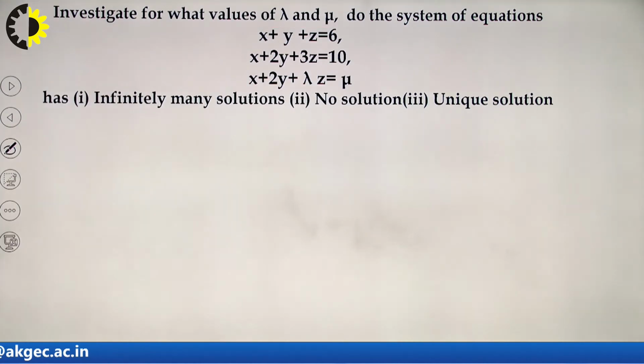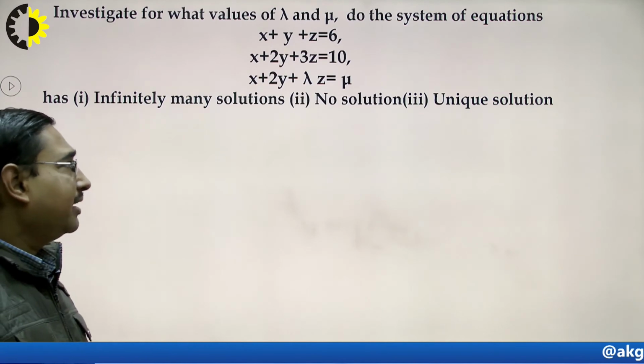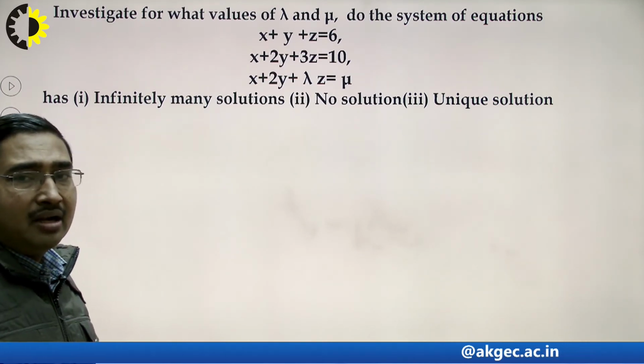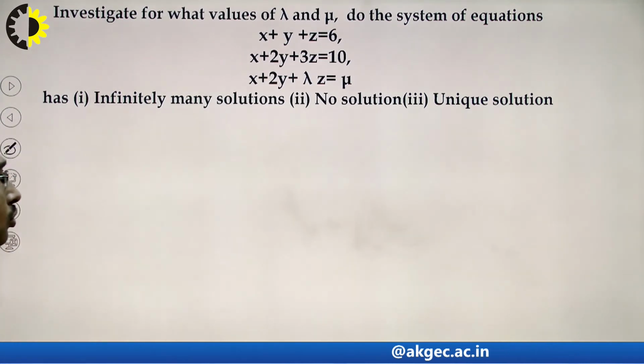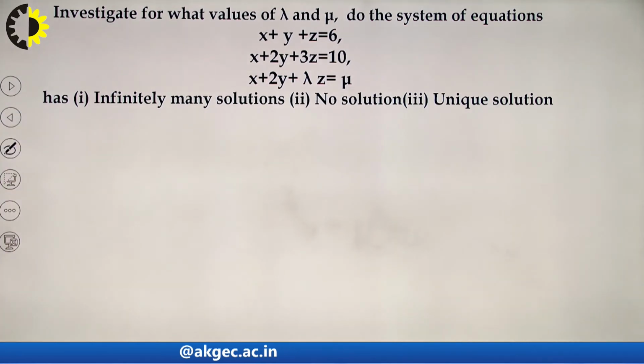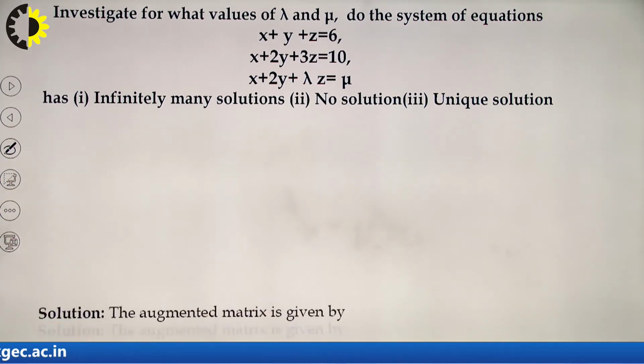For this, what we shall do? We shall construct augmented matrix just like in previous example. Then that augmented matrix will be converted to echelon form, and then we will use rank test discussed earlier to decide the values of lambda and mu given the condition of consistency.